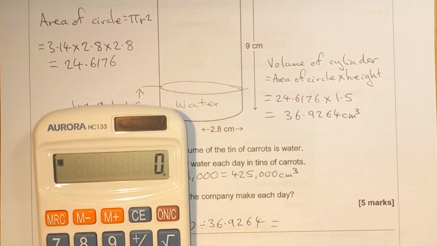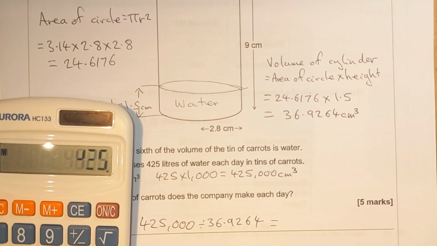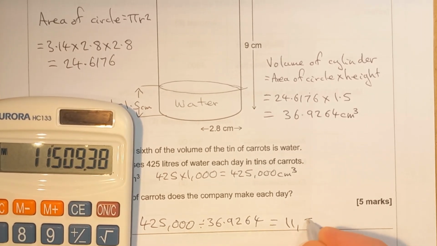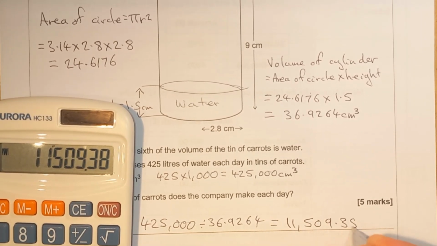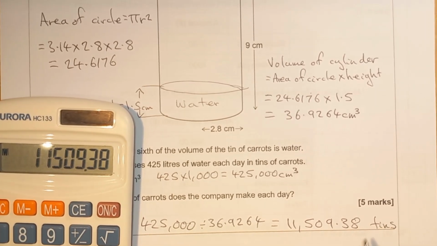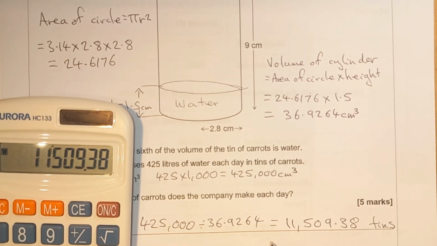You don't have to, you can type it in yourself, but that's going to be a bit quicker for me. 425,000 divided by memory recall equals 11,509.38, and that's tins.